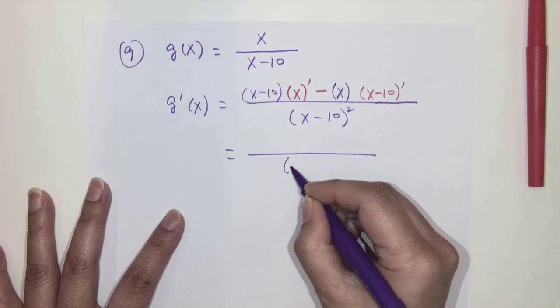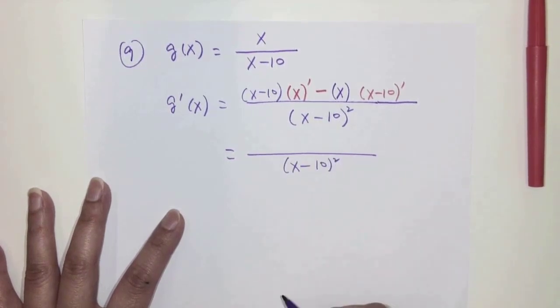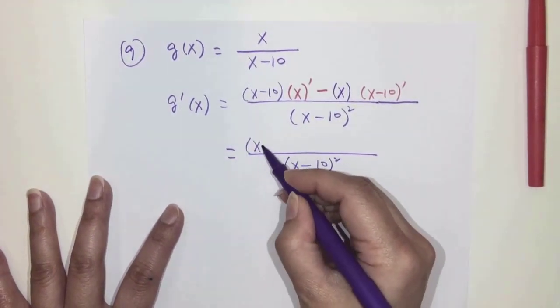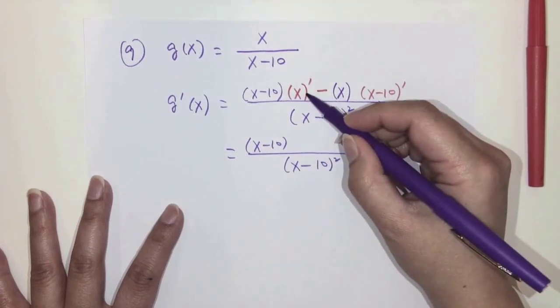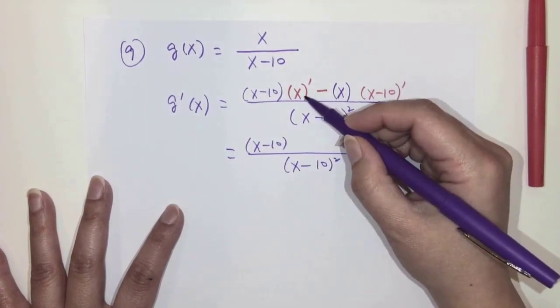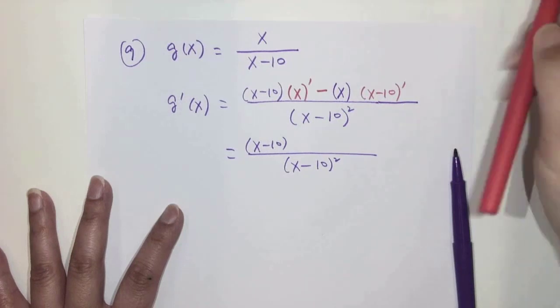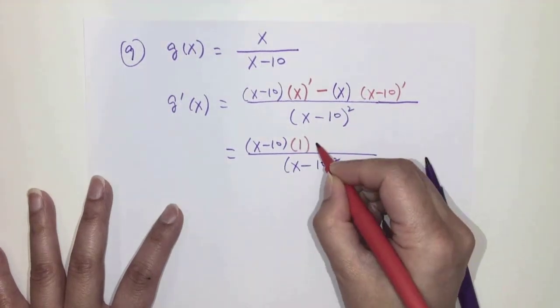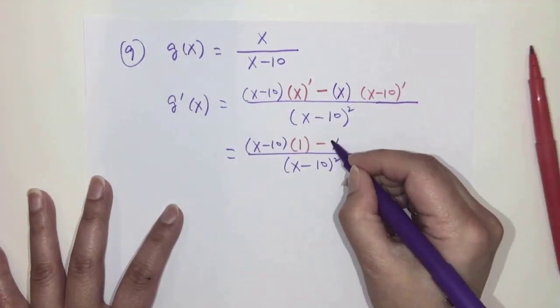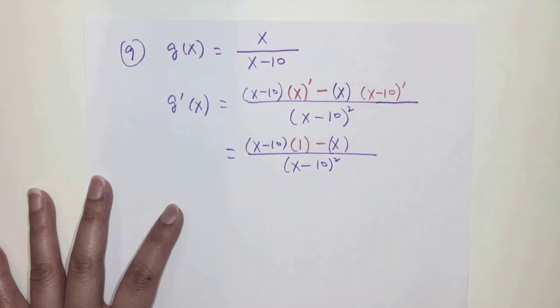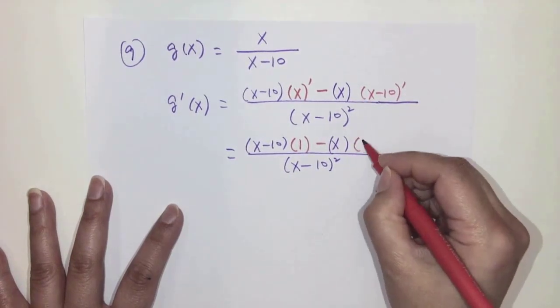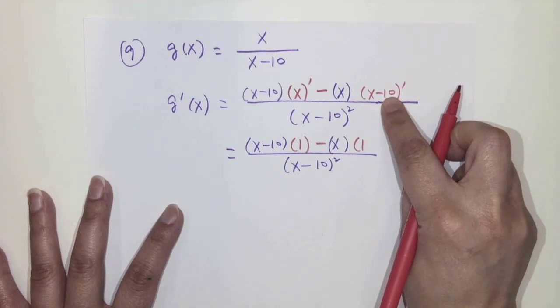Now we have x minus 10 squared at the bottom. The top we have x minus 10. Taking the derivative of x will give us just 1, right? Subtracting, this is x, need to multiply. The derivative of x again is 1. And then the 10 is a constant.